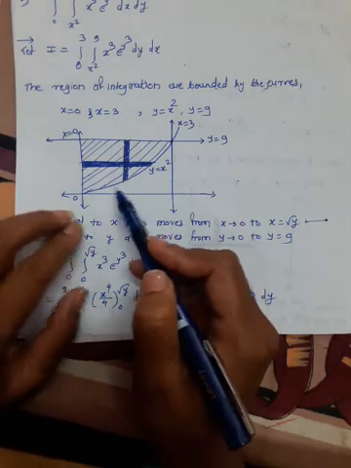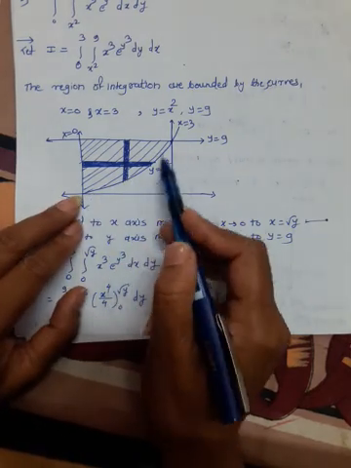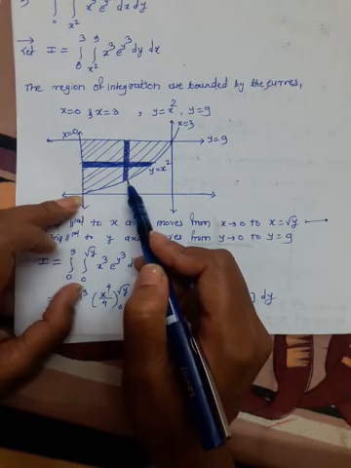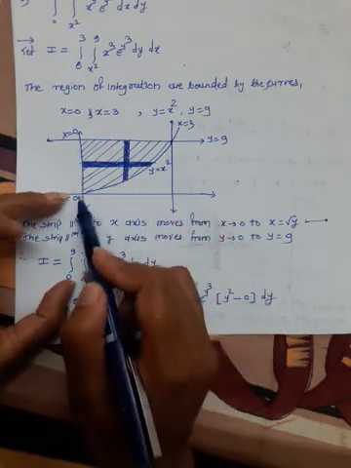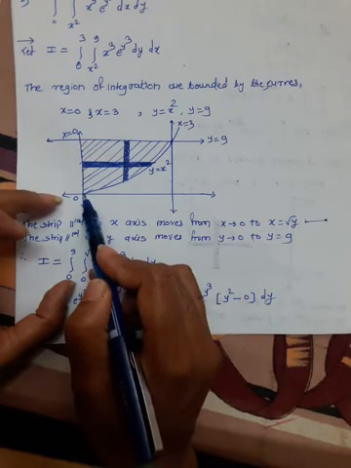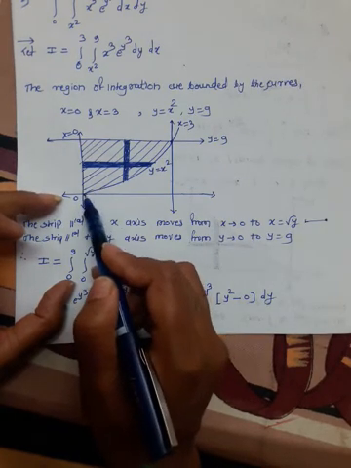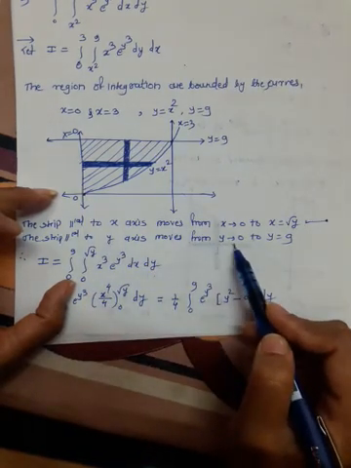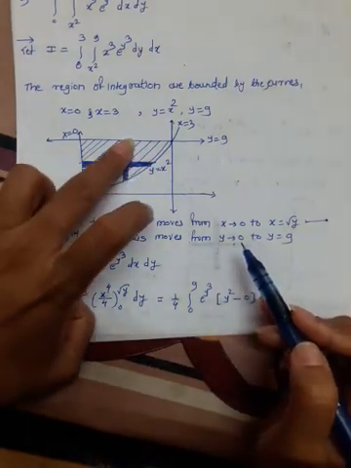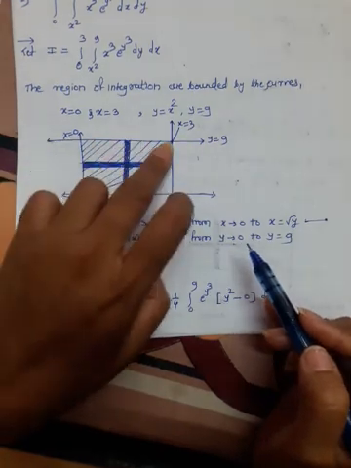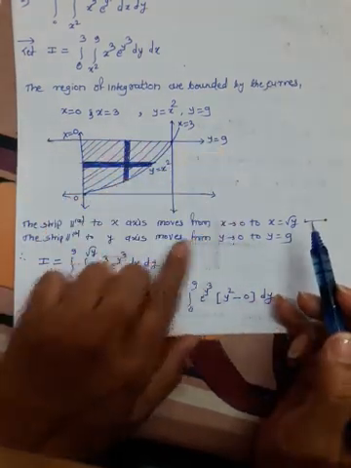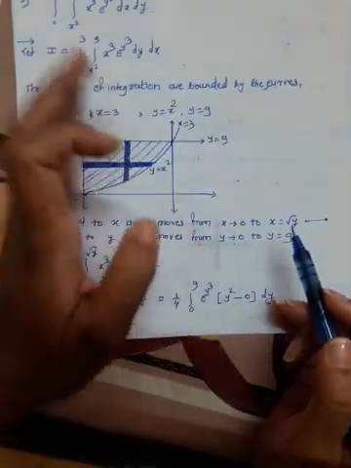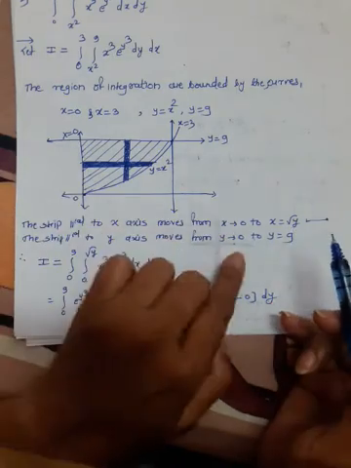We have to find the lower limit of y, and this line ends here. At this point the lower limit of y becomes 0. That means y starts from 0 to the last line. This line is y is equal to 9. That's why for the strip parallel to the y axis, y moves from 0 to 9.